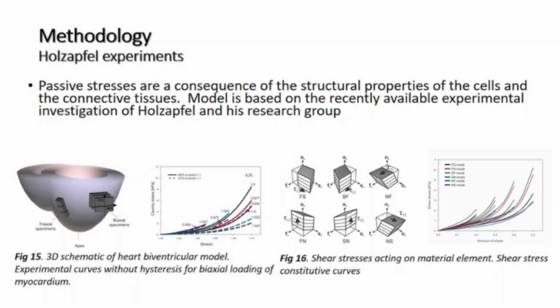Another model is based on the recently available experimental investigation of Holzapfel and his research group. In figure 15, a 3D schematic of the heart model and a specimen obtained from heart tissue is shown, together with the material local coordinate system. We can also see experimental curves without hysteresis for biaxial loading of myocardium tissue, where MFD is the fiber direction and CFD is the cross-fiber direction.